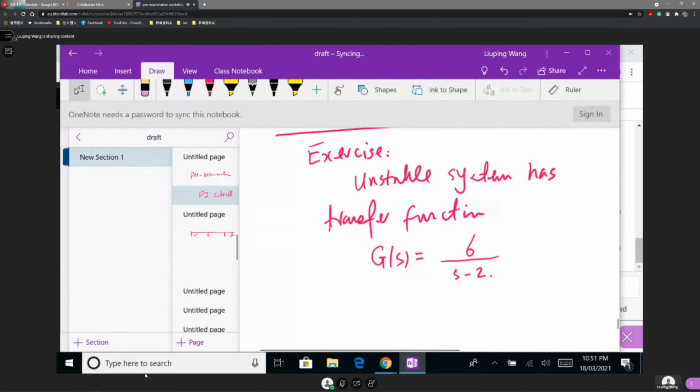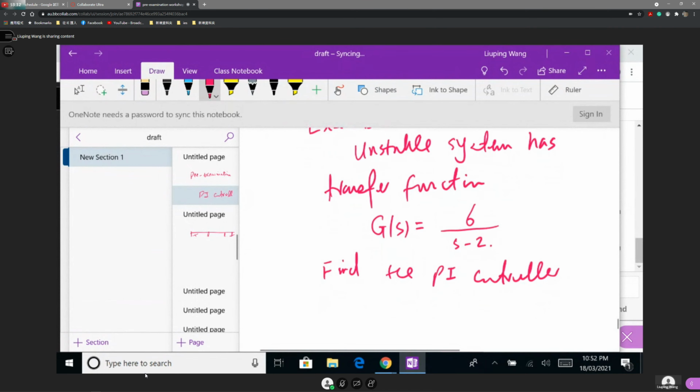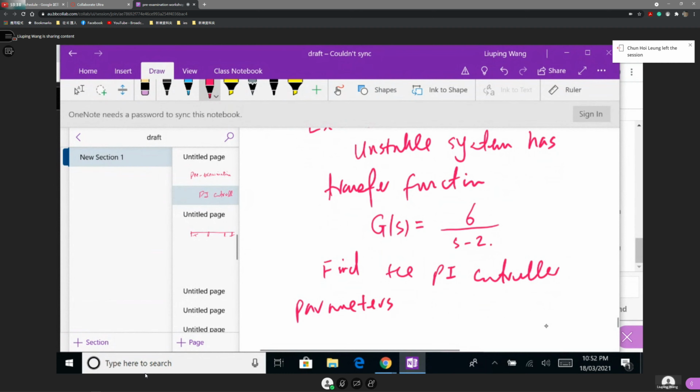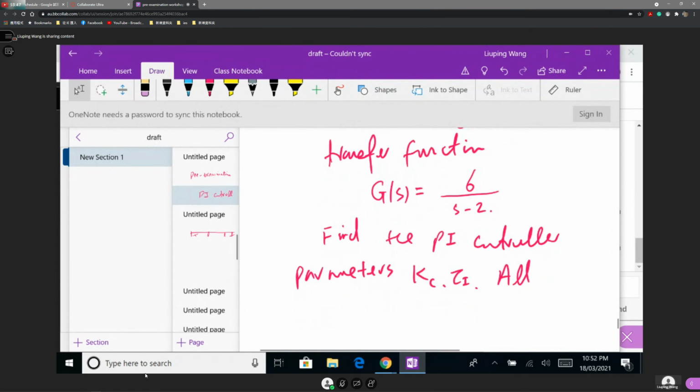Find the PI controller parameters, Kc and tau I, with all closed-loop poles at minus 2.